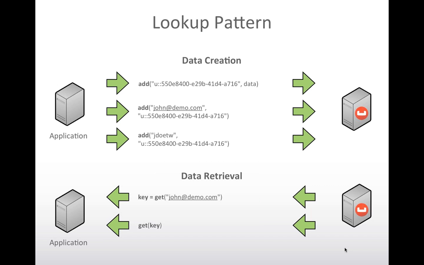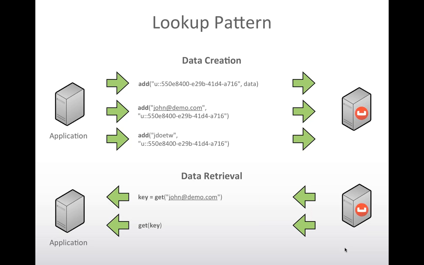So this is the second line of the slide. And if you want to be able not only to get the user by this email, but also by his Twitter ID, you will store the same way the Twitter ID as a key, and the user ID itself, the real user ID, as a value.